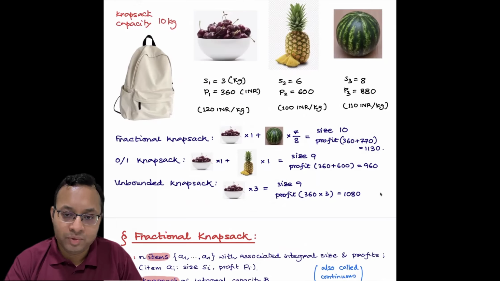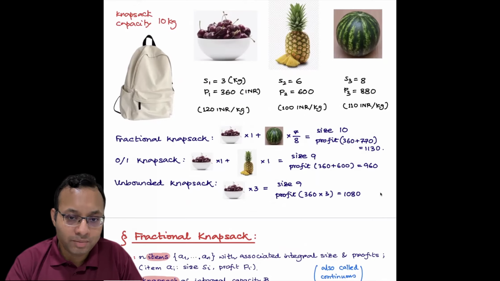Watermelon is more expensive, 110, more than 100. So you will take a 7/8 fraction of it. That will already fill the size: it becomes size 10, because you're taking 7 kg of watermelon and 3 kg of cherry is already present. The profit becomes 360 for the cherry, and for 7 kg you get 770 for the watermelon, so 1130.